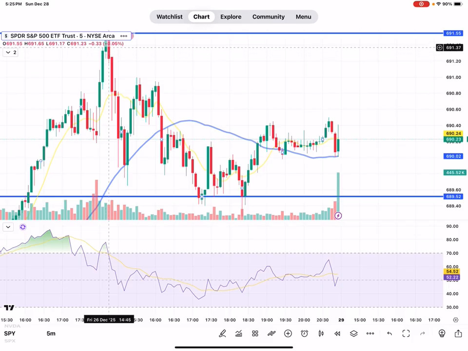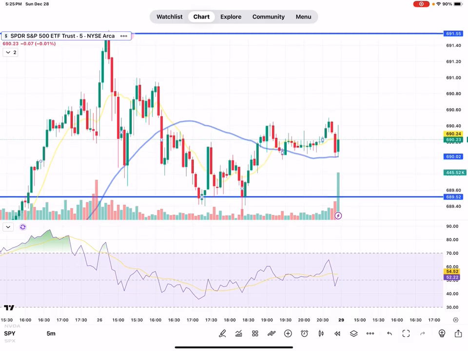Okay, price had opened at 691, and you see how big the red candles are. You could have followed it back down. It was really, really red, and followed it down to about 689-ish and probably jumped out.